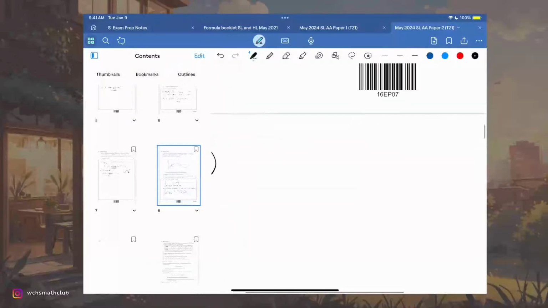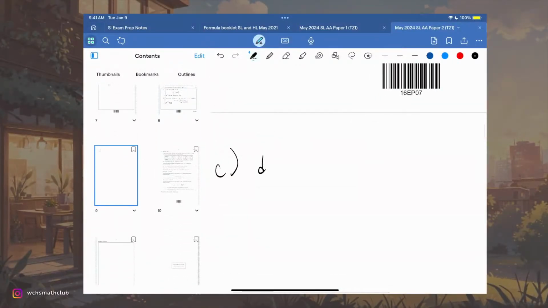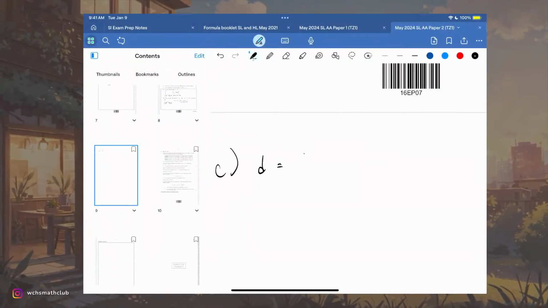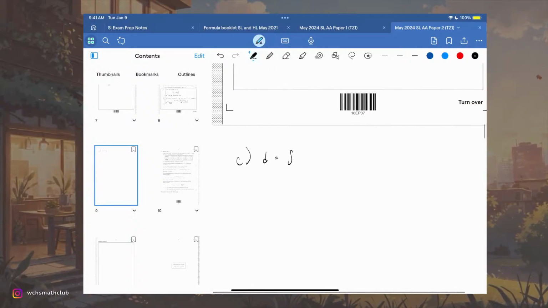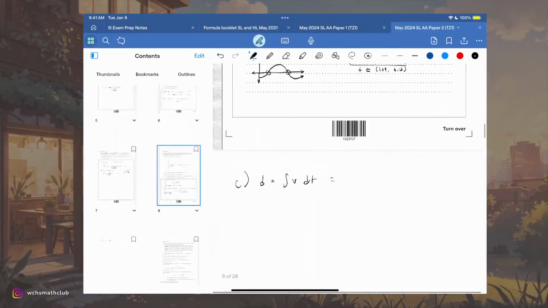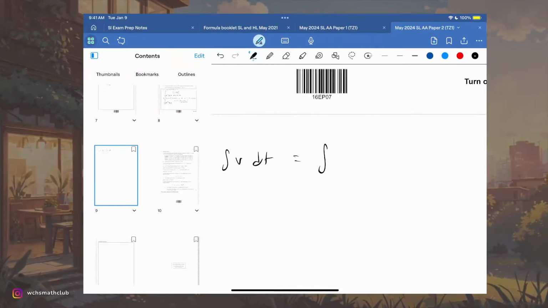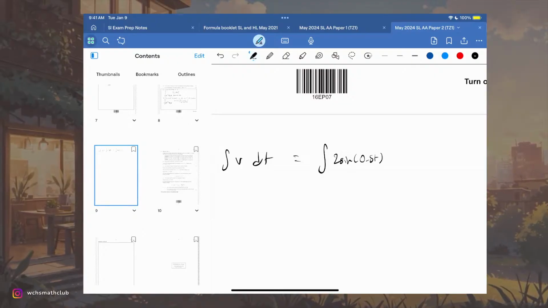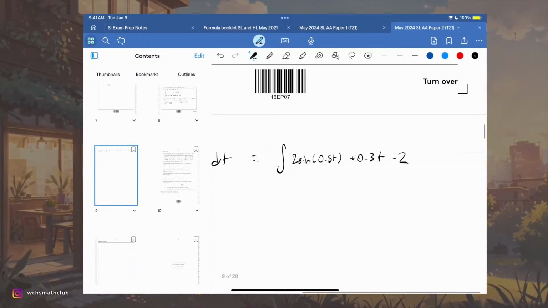So displacement, we're going to write that in terms of d, equals the integral of v with respect to time. And we can take the integral of 2 sine 0.5t plus 0.3t minus 2 with respect to time.